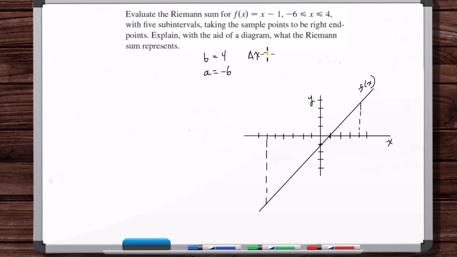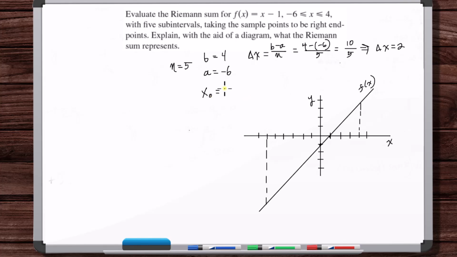Delta x is b minus a divided by n, and in this case n is equal to 5. So 4 plus 6 is 10, divided by 5. Delta x is 2.